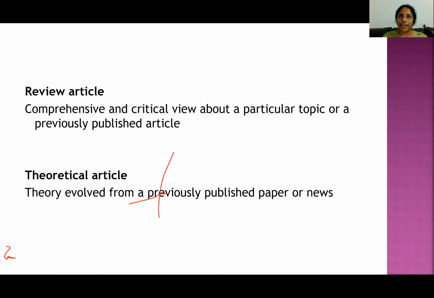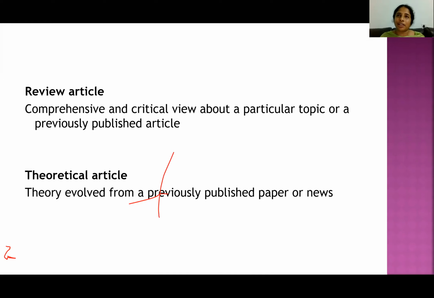Why I'm saying narrative review is that when you start searching, you will find something called systematic review. Systematic review may be a little over your head, but it means you are systematically searching the literature and publishing it as a paper. It is slightly different from a narrative review, but you will come across it.